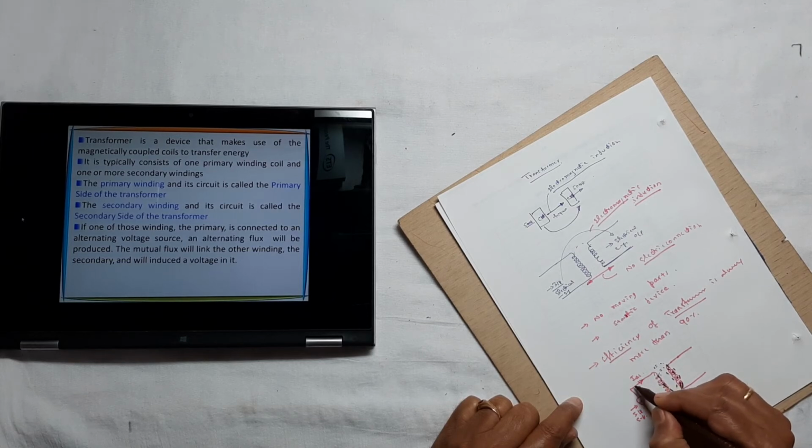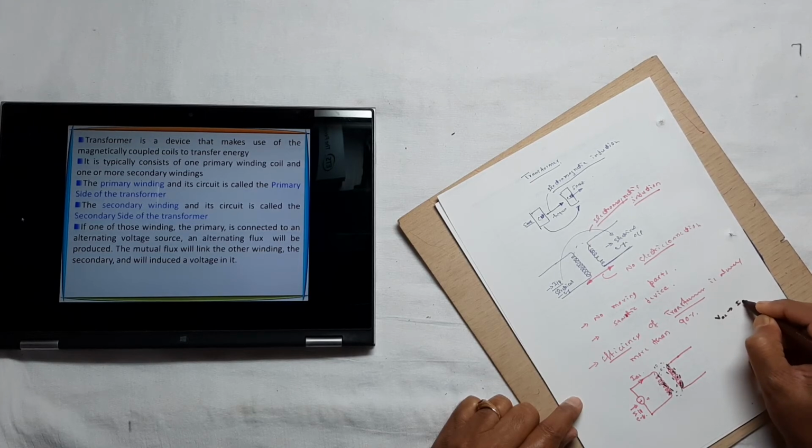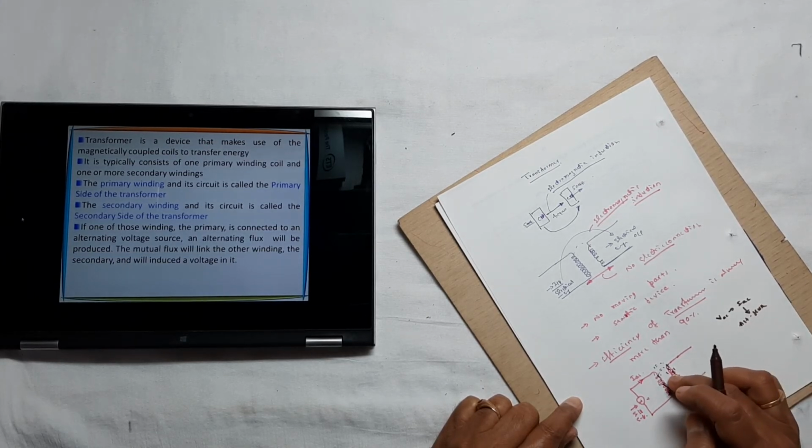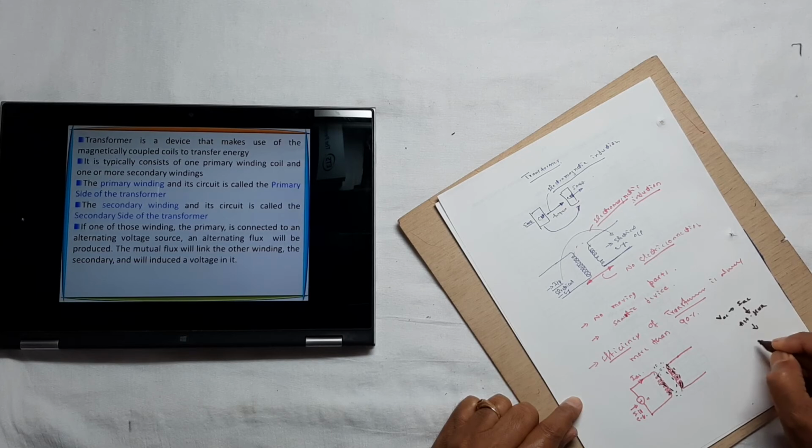What is the current here? Alternating current. Because of application of V AC, there is an I AC flowing. Because the current is flowing, alternating flux is produced. What is the nature of the flux? It is also alternating in nature. This alternating flux is linking with the second coil.